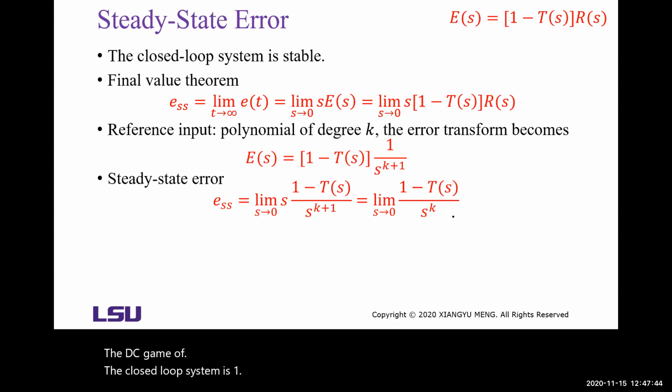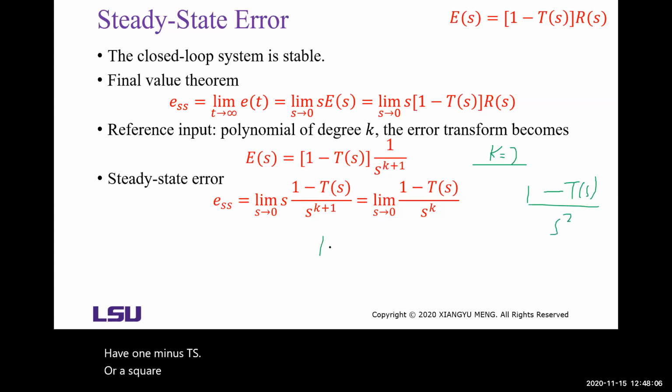Similarly for a type 2 system. A type 2 system can track a parabolic input, that's a degree of 2, so k is 2. When k is 2, we have (1 minus T(s)) over s squared.